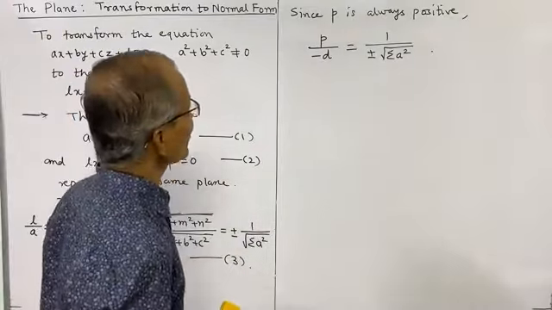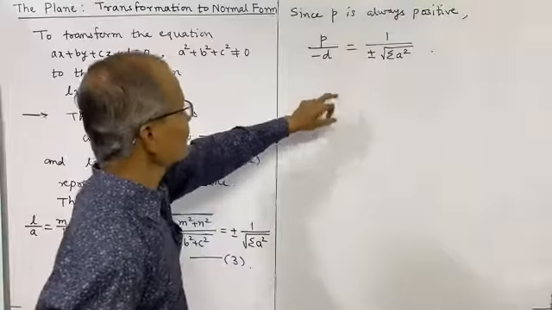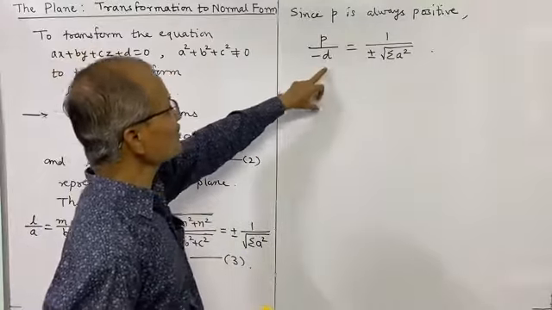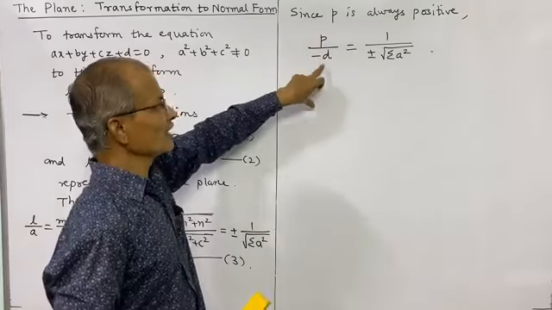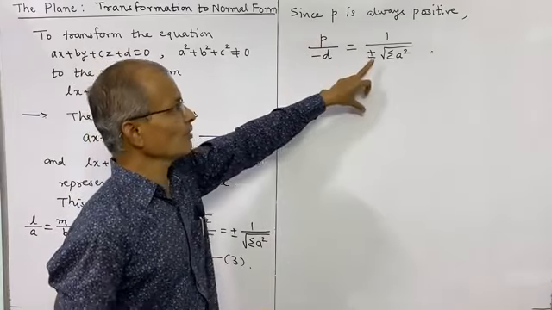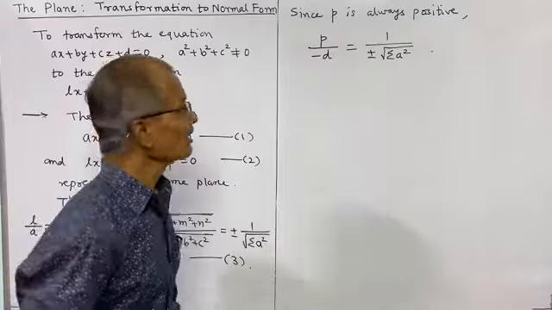Now from this, if d is positive, then the left side is negative because of this sign, so we have to take the negative sign of the radical.